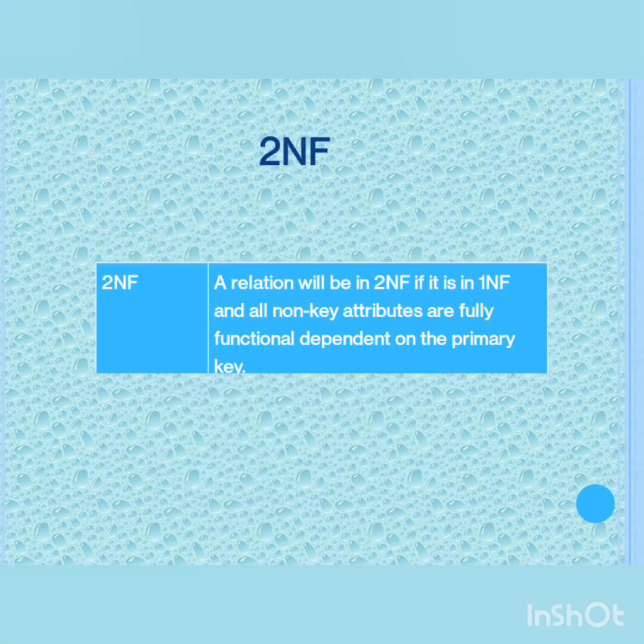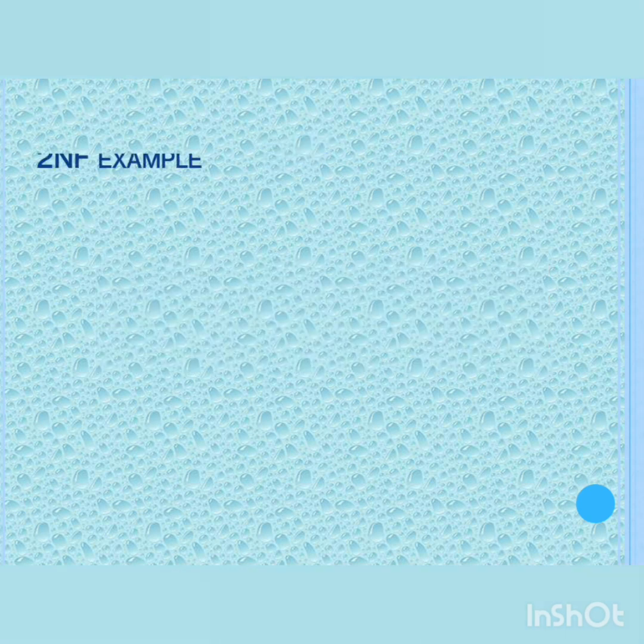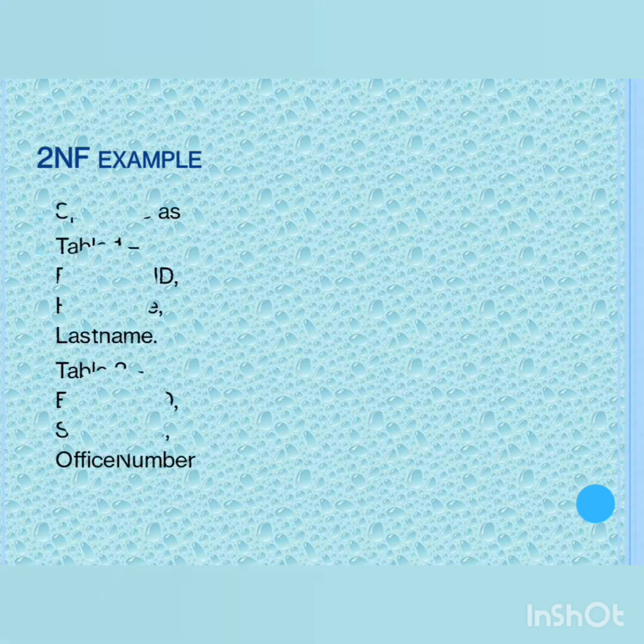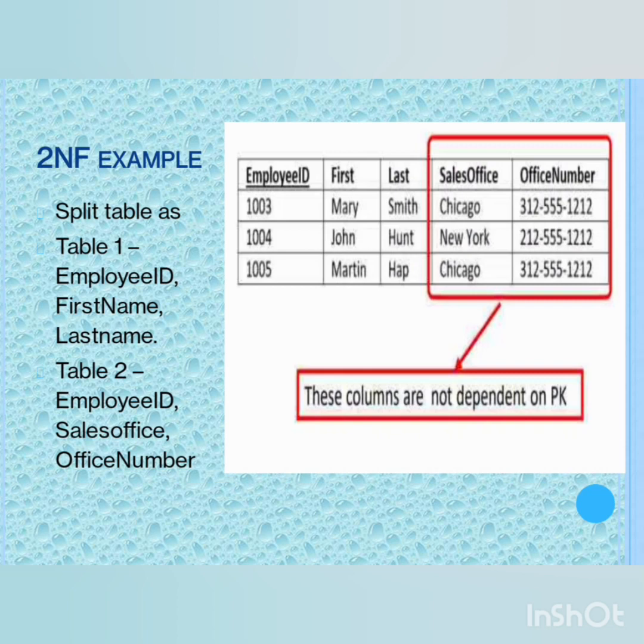Now, moving on to second normal form. A relation will be in second normal form if it is already in first normal form, and as said earlier, all non-key attributes in the relational table should be fully dependent on what is called the key attribute. We'll see an example and understand what it is.